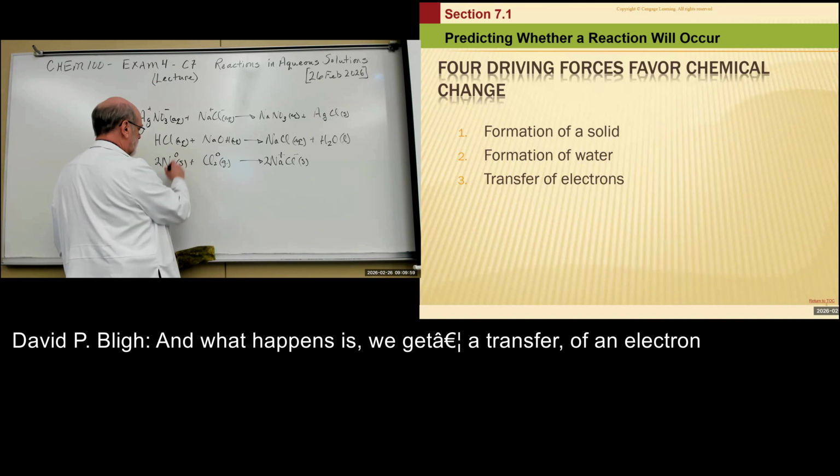And what happens is we get a transfer of an electron, actually 2 electrons, one from each sodium to go to each chlorine. This is 2 lost from the sodium and 2 gained by the chlorine. And that establishes this ionic solid. That's a driving force, transfer of electrons.